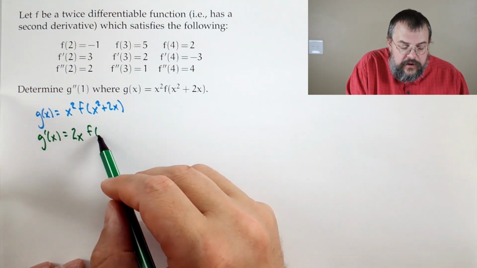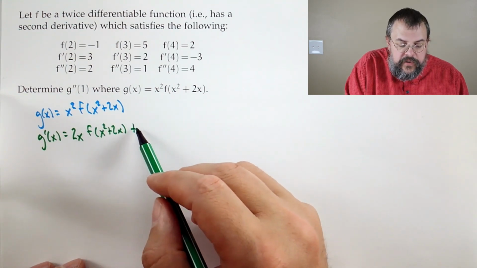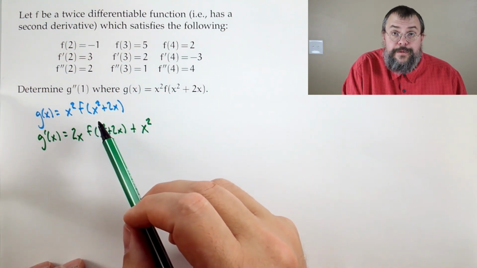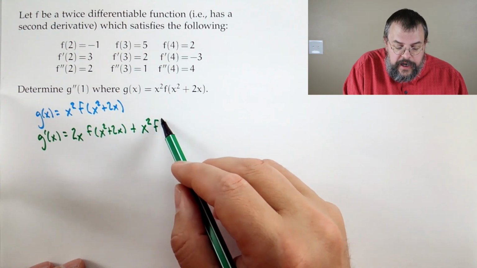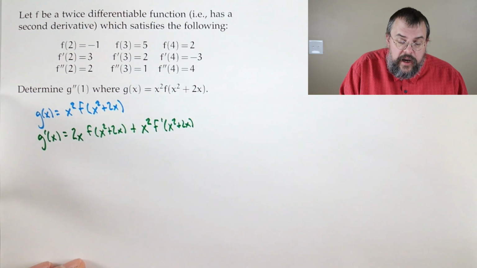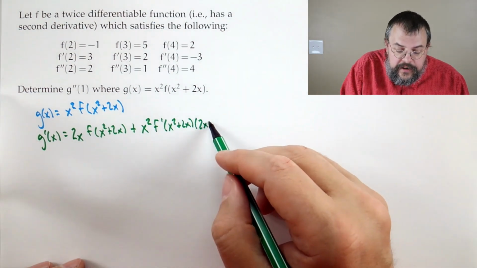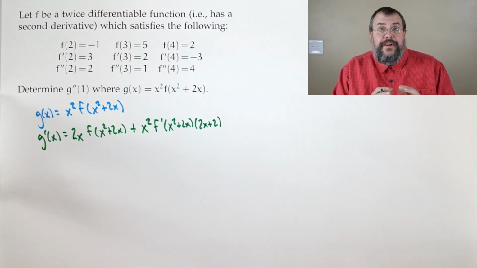Leave the second alone, f of x squared plus 2x, plus the first, which is x squared, times the derivative of the second, and this is where we need to do that chain rule. So it's the derivative of the outside, f prime, inside stays alone, times by the derivative of the inside. So times by 2x plus 2.